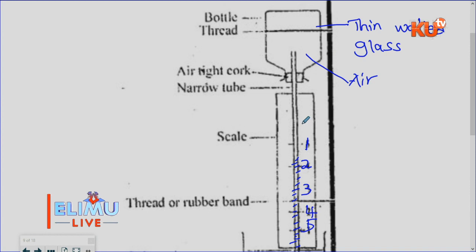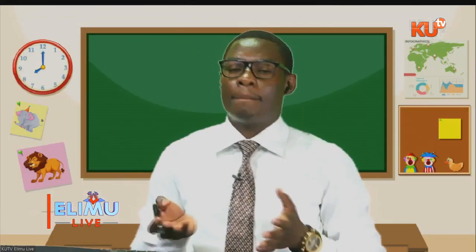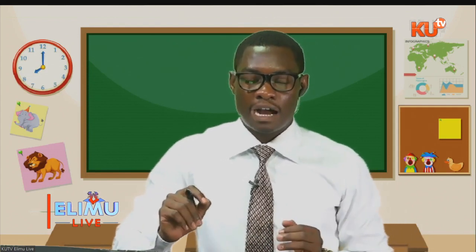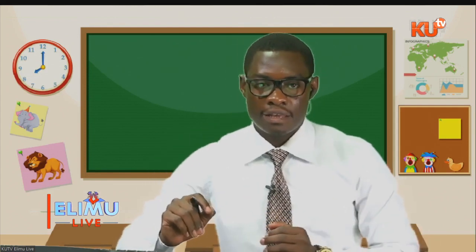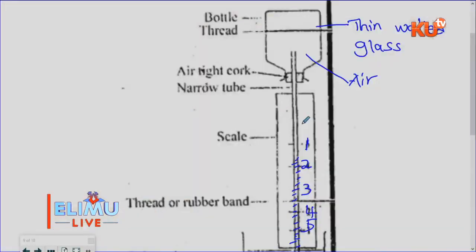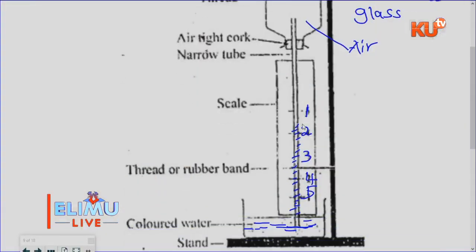Because it gets cooled, it contracts. As it contracts, the colored water gets pushed upwards, so we have a lower reading on the scale. Remember, the scale runs from up to down. So we can have a look at the diagram.